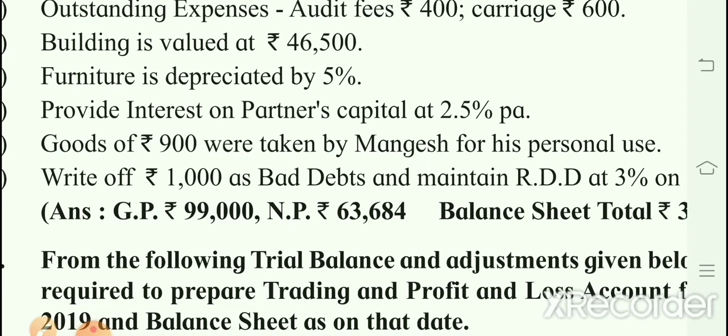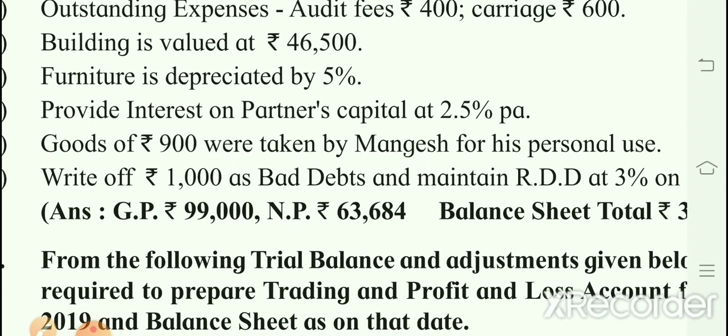As this problem is based on the fixed capital method, the adjustments will be carried through the partners' current account. Now see, in the partners' current account, on the debit side we will write the drawings of Mangesh as the deduction, as we used to deduct the drawings from the partners' capital.